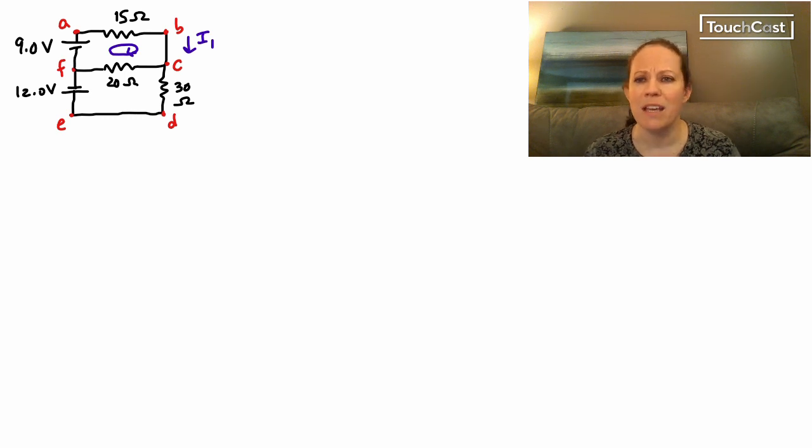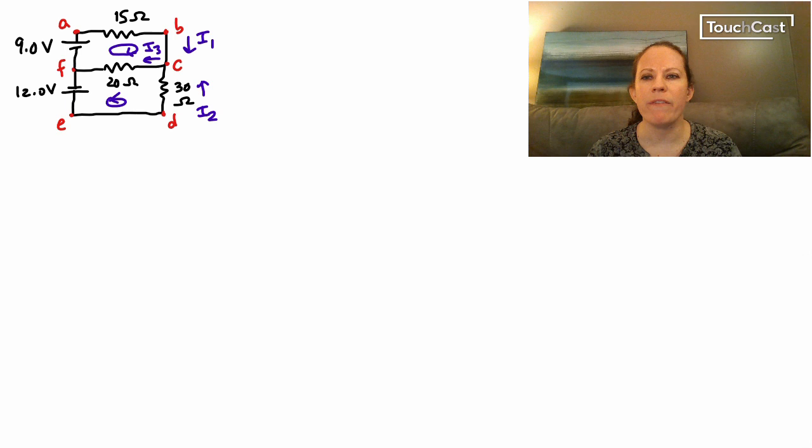And I'm going to guess that there is a counterclockwise current in the bottom loop, so that's going to put a current I2 going F to E, E to D. I'll label it over here, I2 going from D to C, and then we'll have a combined current, I3, moving from C to F.